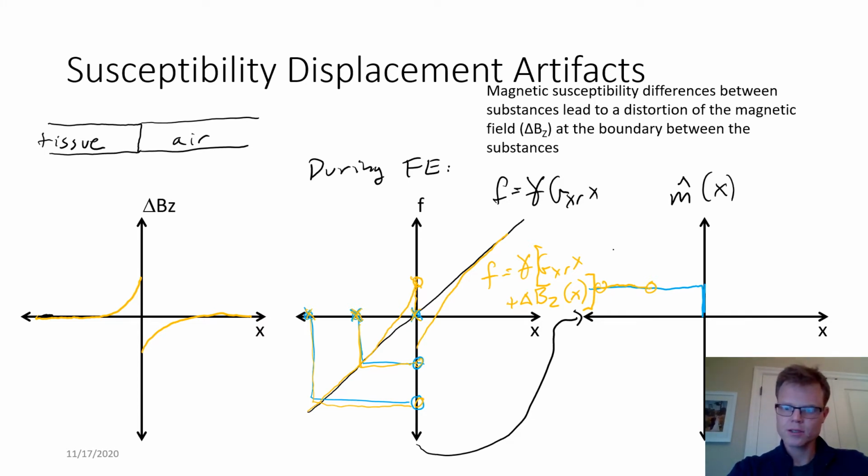This is going to cause the signal to actually spread out or stretch. We're adding some extra frequency on top of our frequency encoding gradient. Our reconstruction mistakes this for actually existing at a different location. So we're going to get something like this. We're going to get a stretch artifact. So this distortion at the boundary sort of creates this gradual stretch.